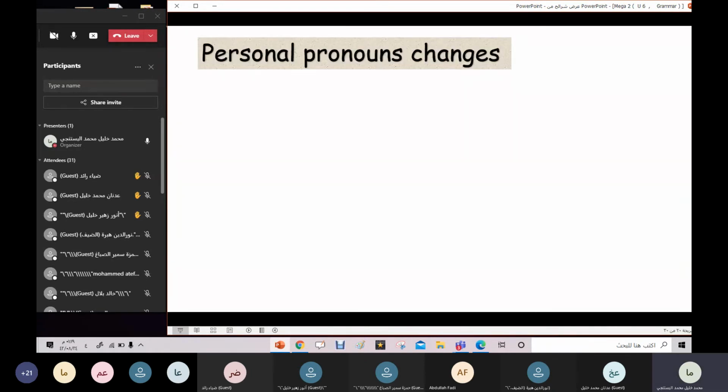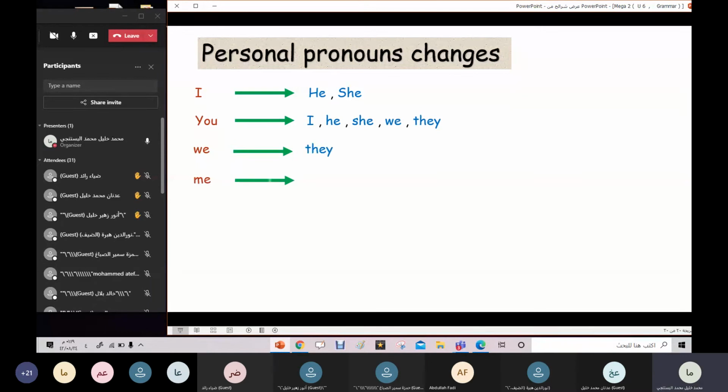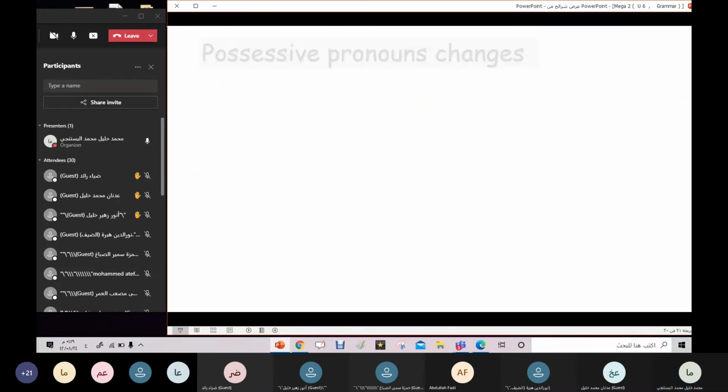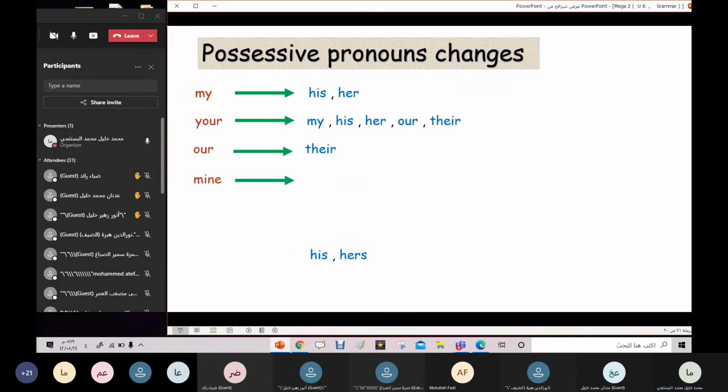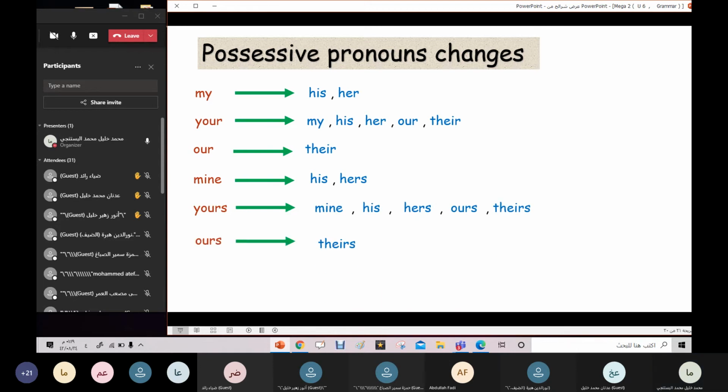Personal pronouns changes: you can change into he or she, you, all the pronouns, I, he, etc. We, they, me, him, her, etc. Possessive pronouns: my, maybe her or his, according to the speaker. Your, my, his, her, etc. Our, their, and so on.